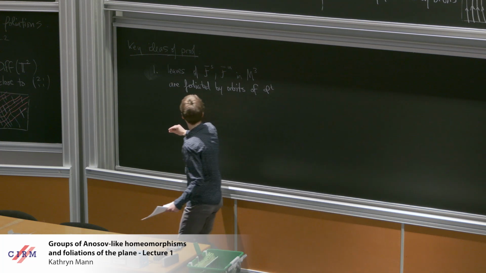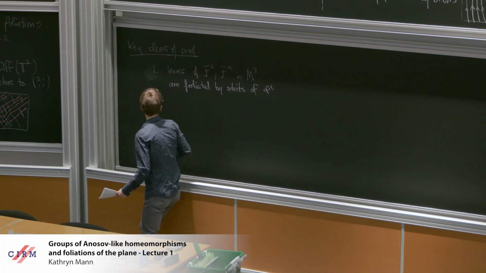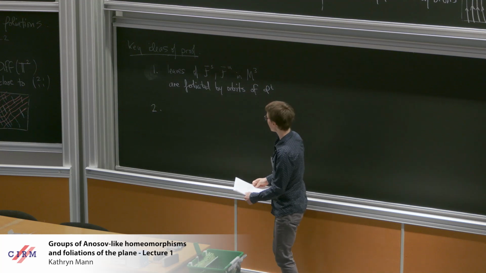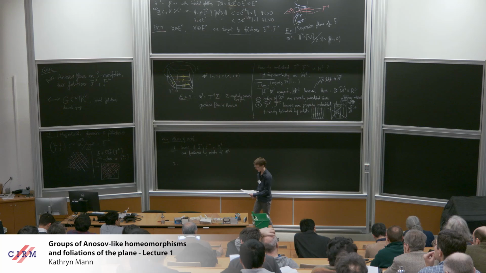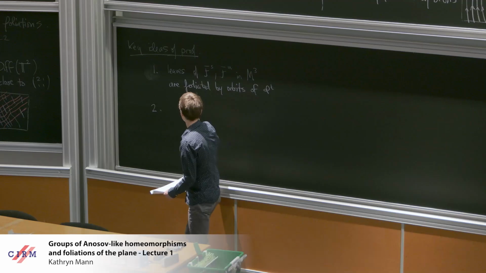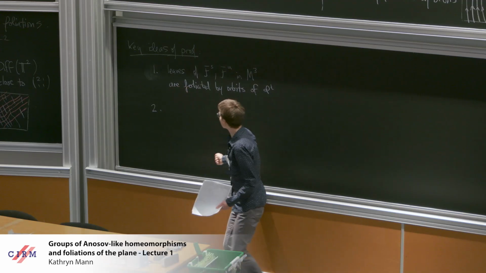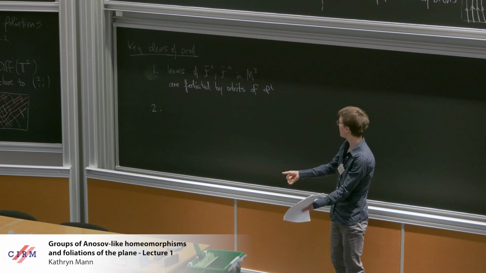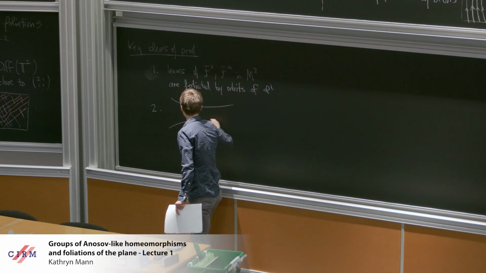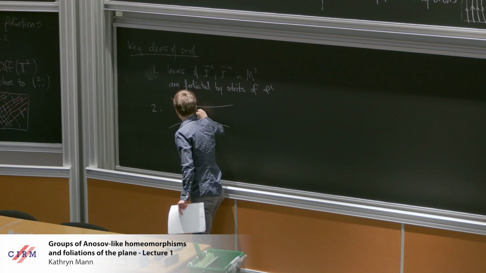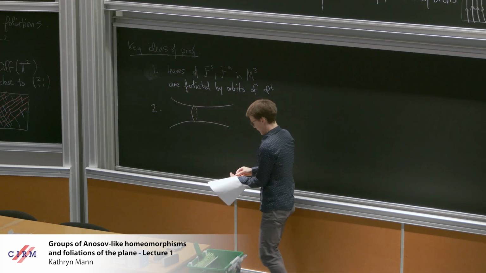Okay, but better than that, the fact that I have this convergence along stable leaves, so let's look at a stable leaf, means that I cannot have multiple periodic orbits in a leaf. So maybe I had a leaf that was a cylinder with a closed orbit like this, all right?